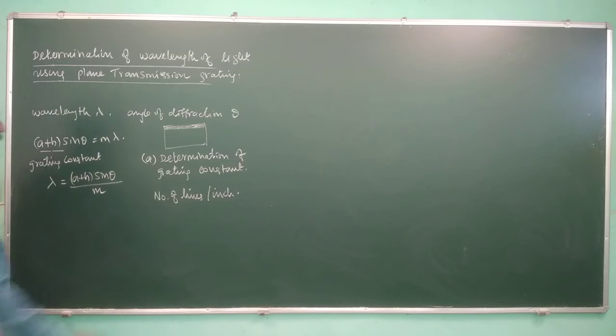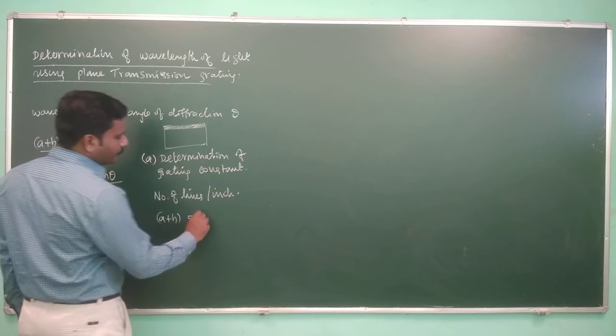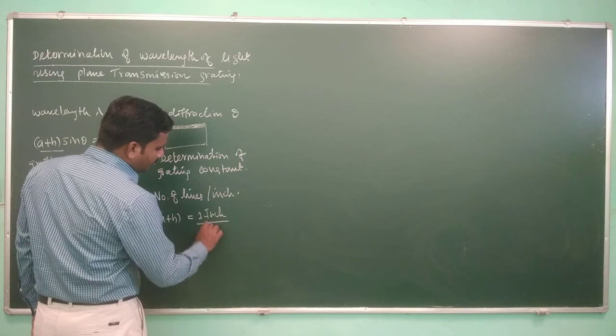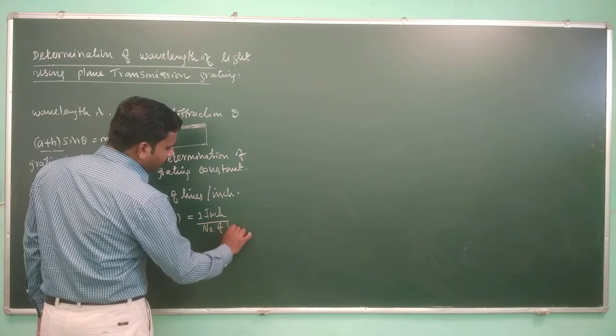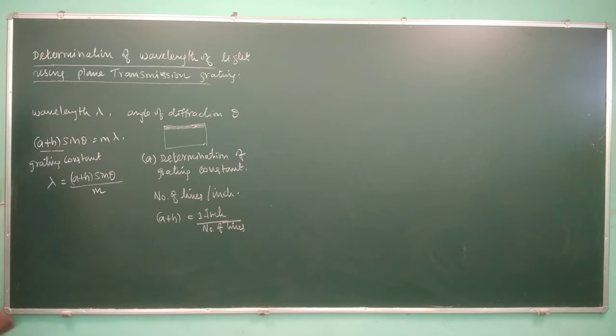Okay, so if you want a plus b, what do you have to write? 1 inch divided by the number of lines. You have to divide 1 inch by the number of lines.